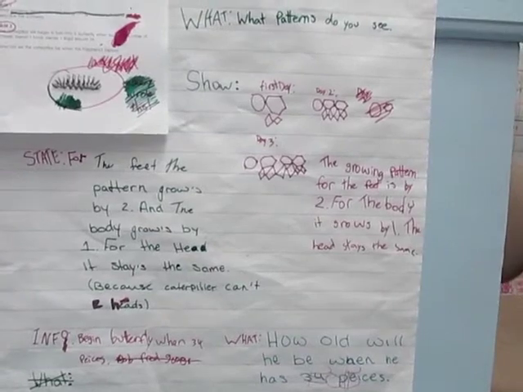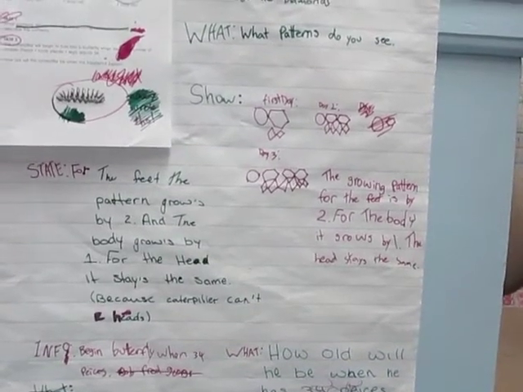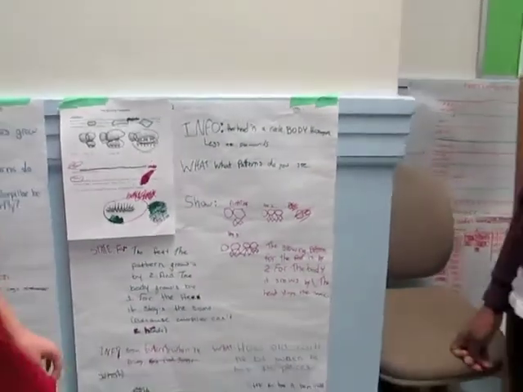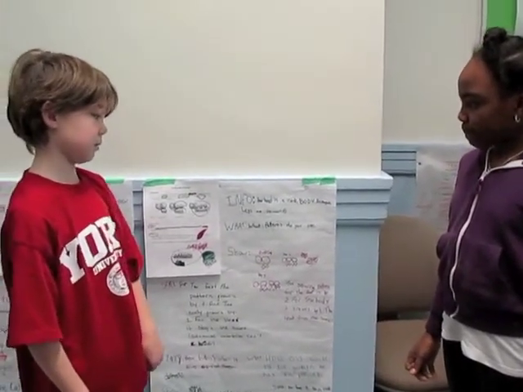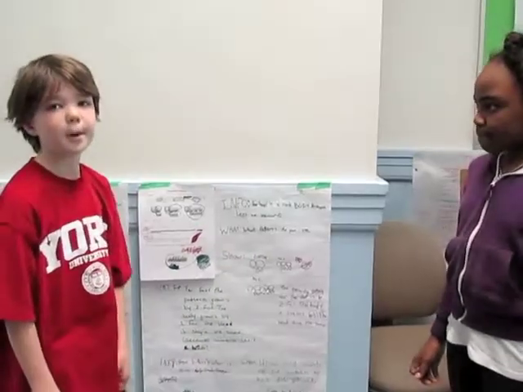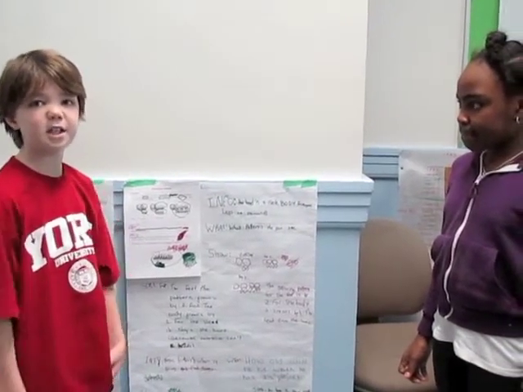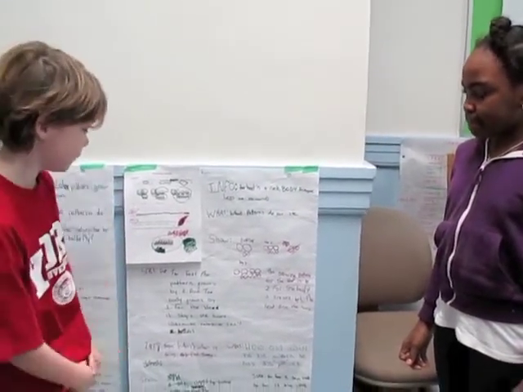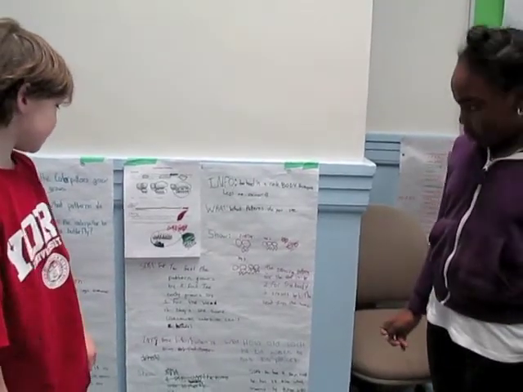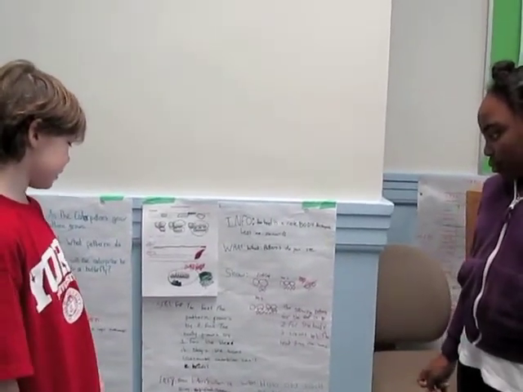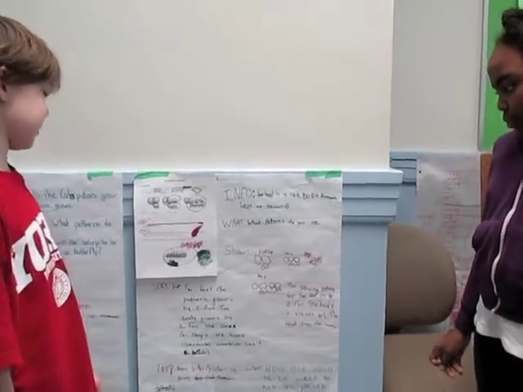And we realized that the growing pattern for the feet is by 2, and for the body, it would grow by 1, and the head stays the same, and that the pattern grows by 3 each time. And for state, we put for the feet, the pattern grows by 2, and the body grows by 1, and for the head, it stays the same because the caterpillar can't have 2 heads.